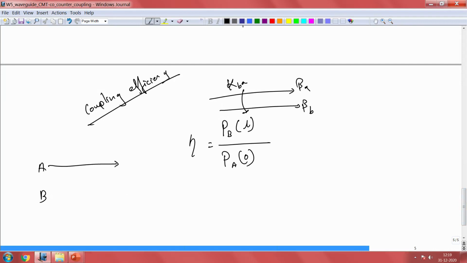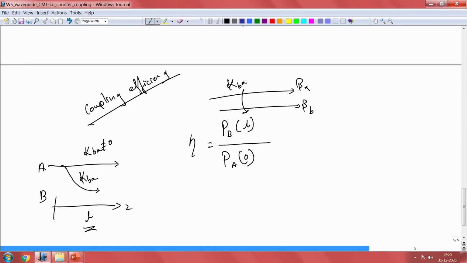So, you started only with A, but as A propagates, since kappa BA is non-zero, a finite quantity here, as the wave propagates along the length L, this is just length L, your power is going to be coupled into B as well now. So, that means the power that I had in A is going to reduce and power in B will increase, right. So, you are splitting the power now, and this splitting is mediated by this coupling constant, okay.